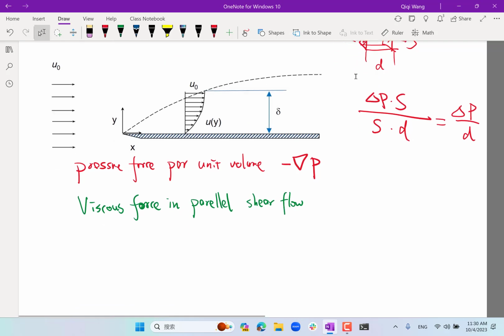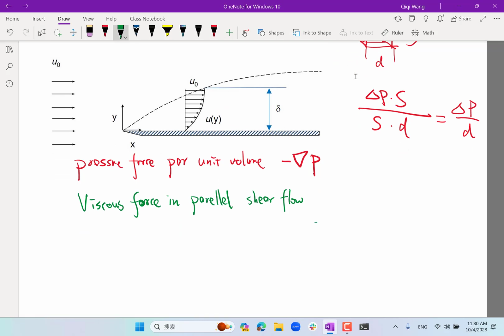A parallel shear flow is basically a flow where the velocity is aligned with a particular direction. Let's just imagine that direction as the x-axis, and the flow goes in just that direction. The direction is the same, but the magnitude actually depends on y.